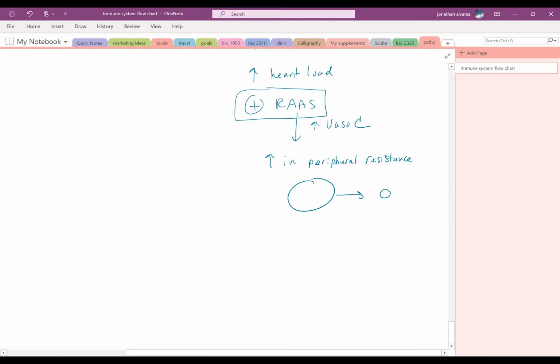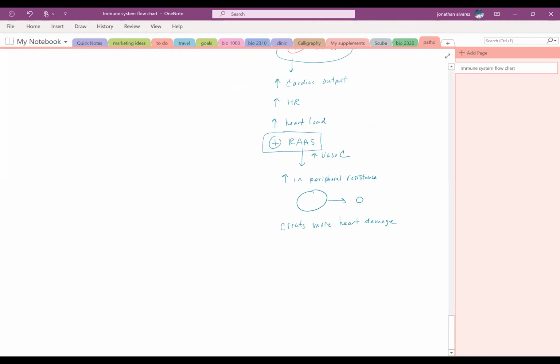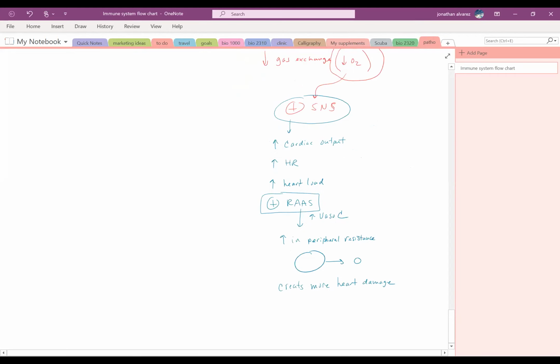So you get an increase in peripheral resistance, and then this creates more heart damage. So these are fun stuff that comes with cardiogenic shock.